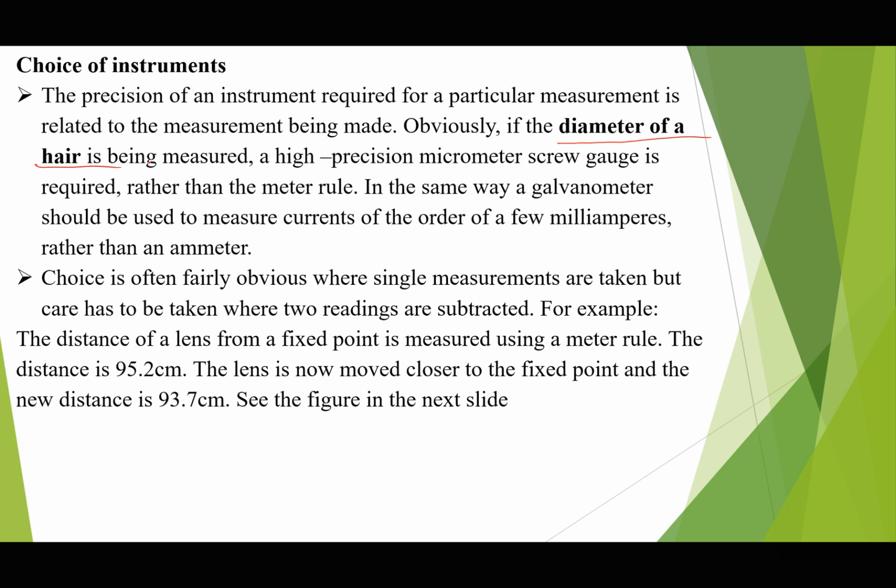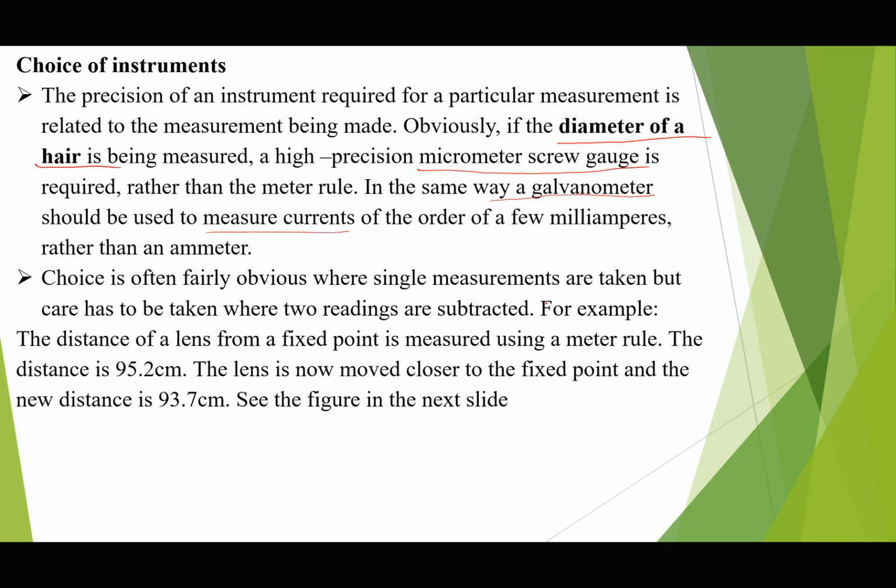I don't think that even a micrometer screw gauge would be very good to give the diameter of the hair on your head. But maybe it would be better than a vernier caliper. It would be better than a meter rule. In the same way, it would be not advisable for you to use a galvanometer to measure very tiny currents.